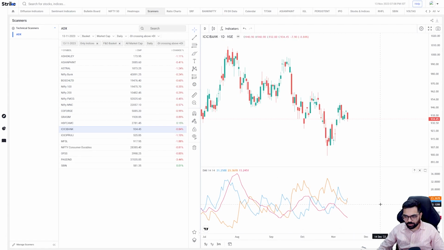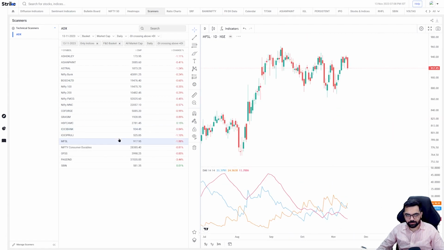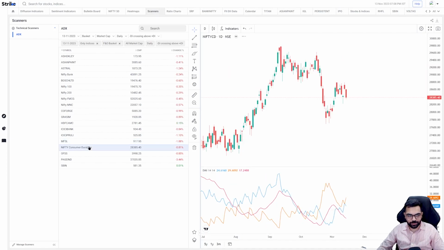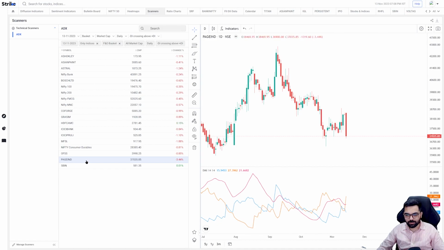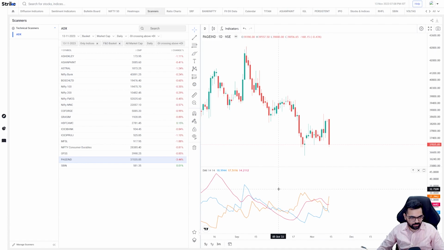That's pretty much about how to scan certain setups. The Strike platform will throw you a lot of outputs, but you have to go through different charts based on your liking, based on which spectrum of stocks you are looking at, be it FNO stocks or cash market stocks. So here is one I found. This is Page Industries.